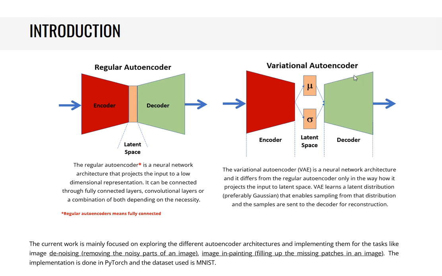In the variational autoencoder, instead of projecting your input into a low-dimensional representation consisting of hidden nonlinear activation units, as in the case of a regular autoencoder, you try to project it into a distribution, in this case a Gaussian distribution with a mean mu and a standard deviation sigma.